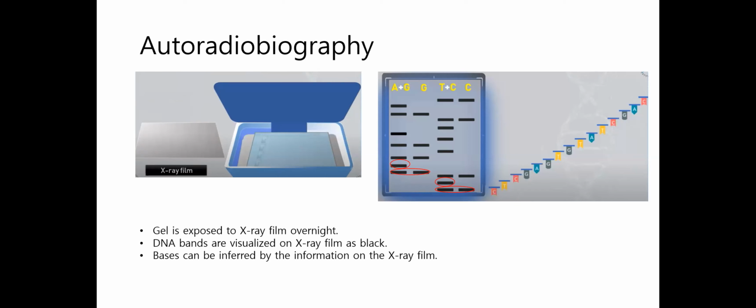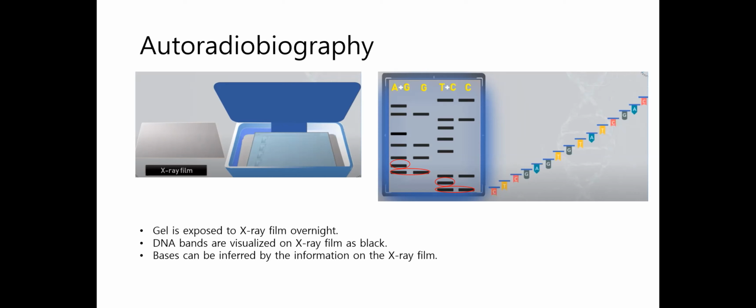As you see in the right picture, there are 4 red circles, and let's look from the bottom. For the first circle, there are two bands at the same height for T plus C and C, and this means that the base at this position is cytosine.